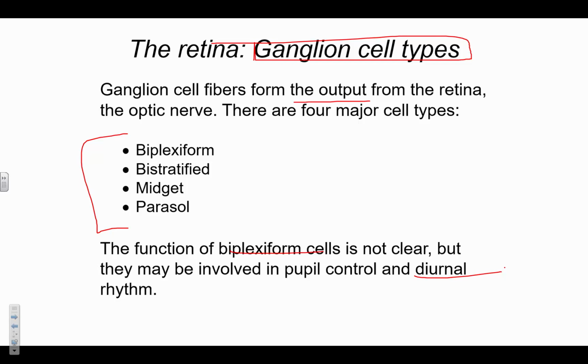These project directly to your hypothalamus, which is the guy that tells you, hey, it's time to get out of bed, lazy, the sun's up. I don't know if any of you have ever tried to sleep when the sun's coming through your bedroom window. It's kind of difficult, right? Because that light comes in your eye, triggers a bunch of hormones, and you're supposed to be awake. So there you go. But we will talk about some of these other guys as we go.